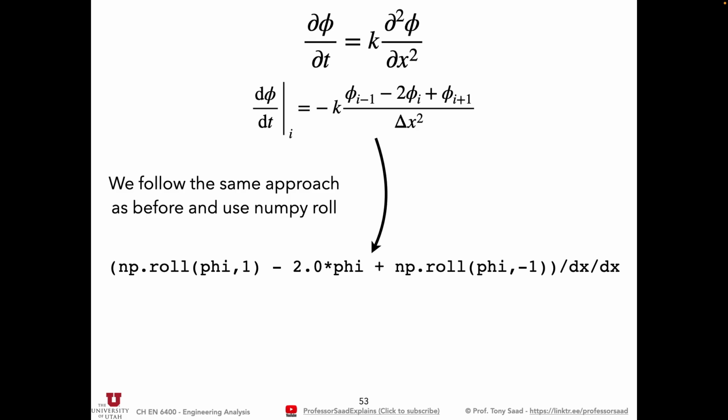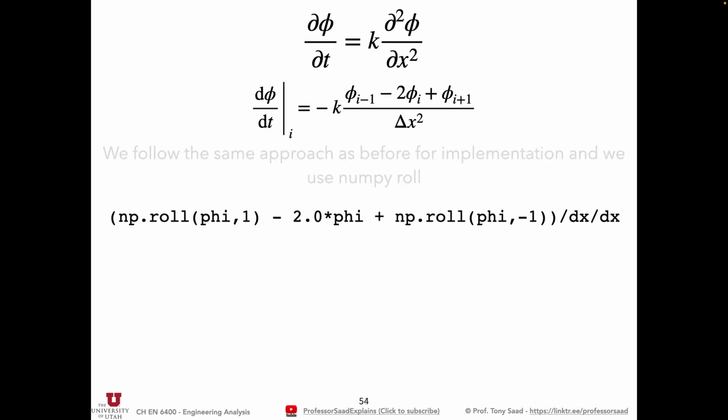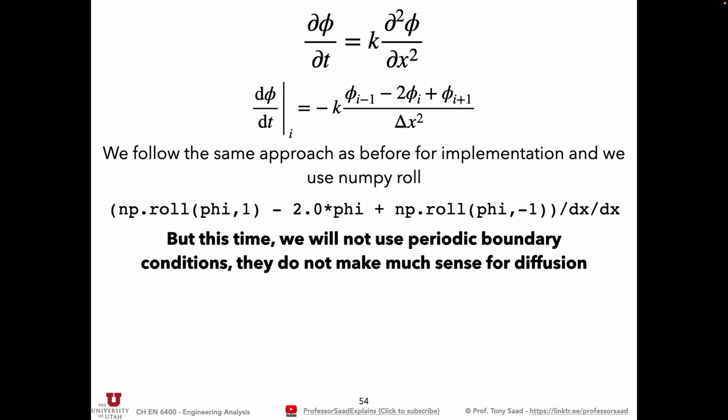So we're just going to go and implement this. But we need to talk about boundary conditions first. With diffusion, it doesn't make sense to use periodic boundary conditions because diffusion needs to have something fixed at the boundaries. With advection, it makes sense to have a periodic domain because you're moving, you're going to run forever.